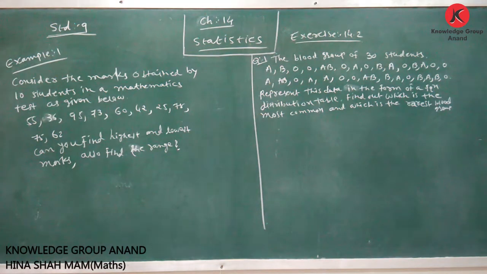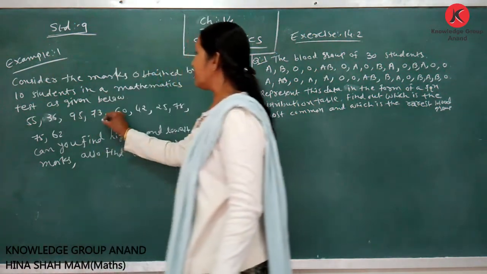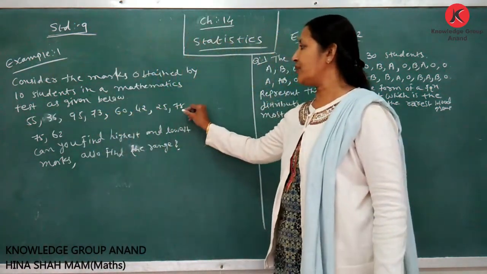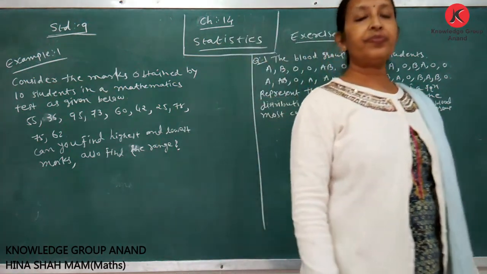Now, example 1. Consider the marks obtained by 10 students in a mathematics test as given below: 55, 36, 95, 73, 60, 42, 25, 78, 75 and 62.